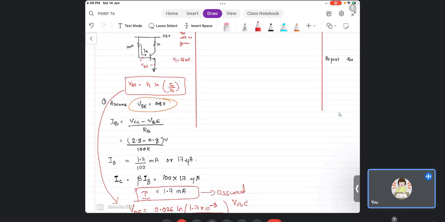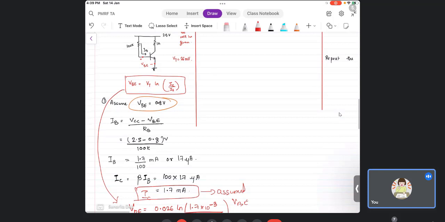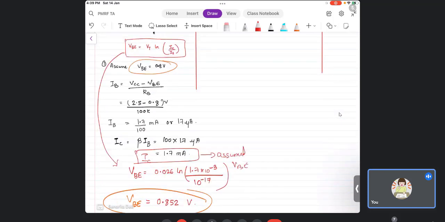Okay. Now with this value of IC, we are again trying to find what our VB is, so that we can know whether our assumption was near to the perfect value. Okay. So what we do, we use this value of IC and the given value of IS and we try to find VB. We see that the VB is 0.852 volts, which is near around 0.8, right?